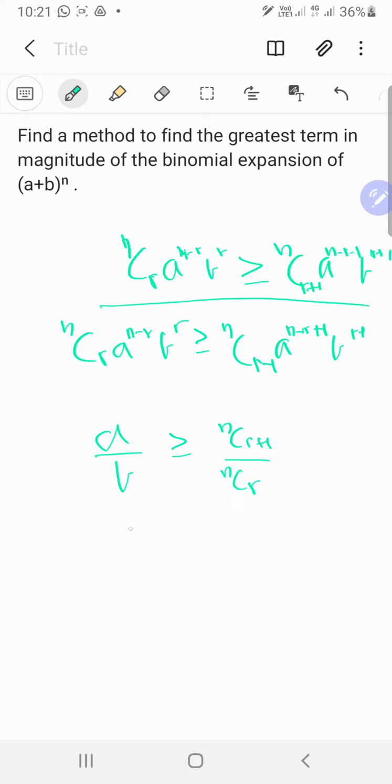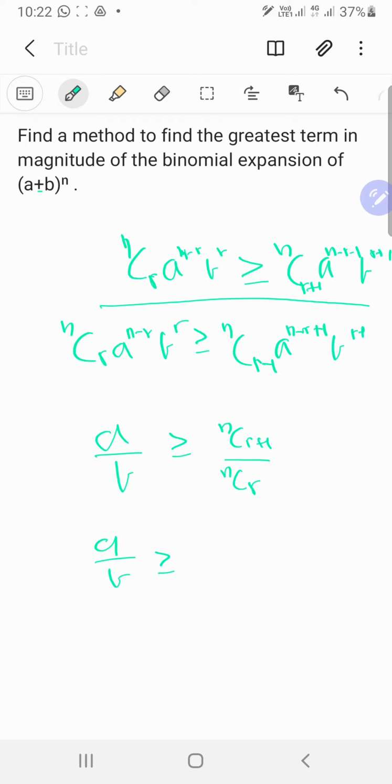By the way, I should inform you that over here we are taking a and b to be magnitudes, so I should actually put mod a and mod b, but just put a and b over there, and you will get what I want to do. So a upon b is bigger than or equal to n choose r+1 upon n choose r.